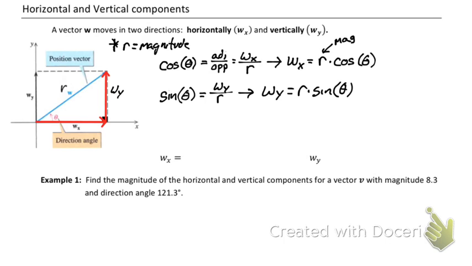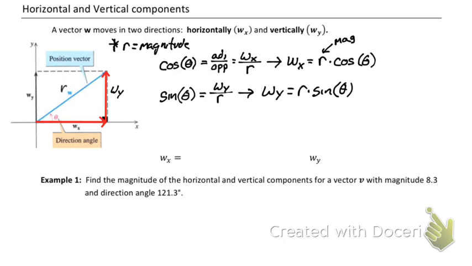In other words, how far right did I move is going to be dictated by my magnitude times cosine. How far up did I move, or my y value, is just going to be r times sine theta. In other words, I have a right triangle, and I'm just solving for a piece. So if I drew this right triangle, I said solve for W sub x, you'd say, well, I'm going to use cosine. And that's exactly what you'd get. I'm just solving for a piece.